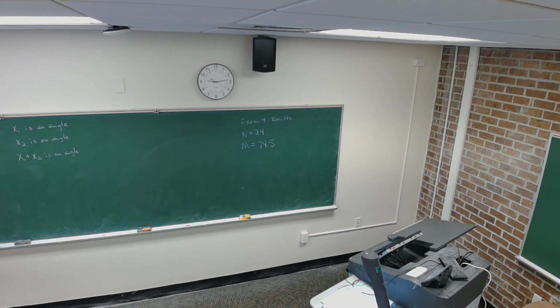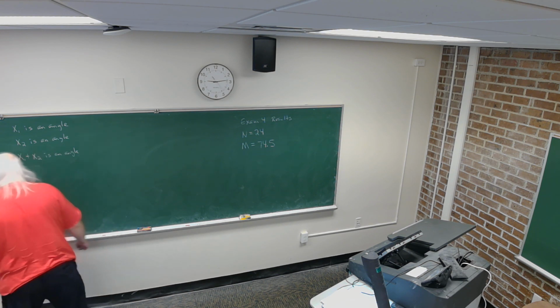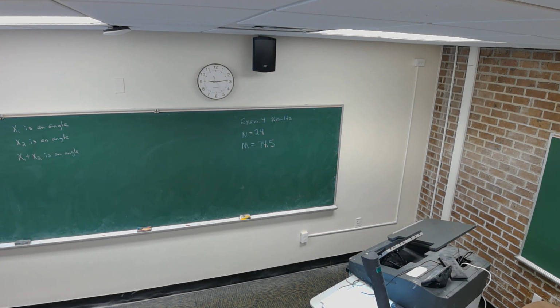Okay. And so what the second difference formula tells us, the cosine of the first angle minus the second angle can be computed, right, has the same value as the cosine of the first angle times the cosine of the second angle plus the sine of the first angle times the sine of the second angle.